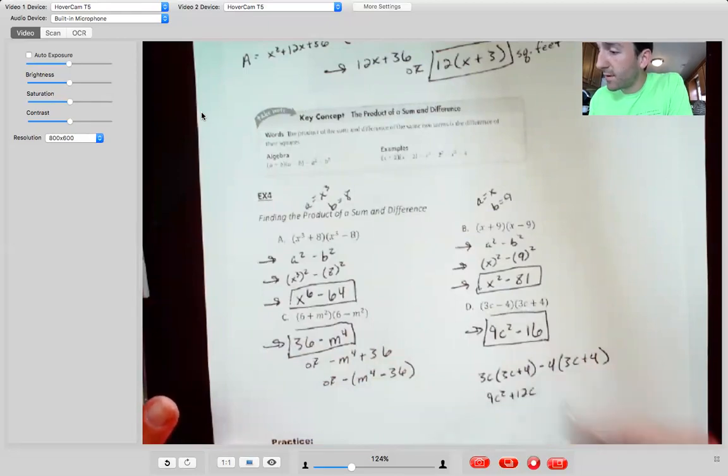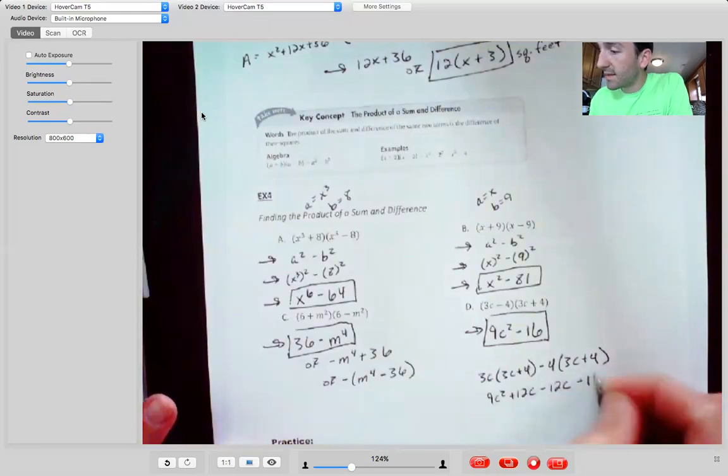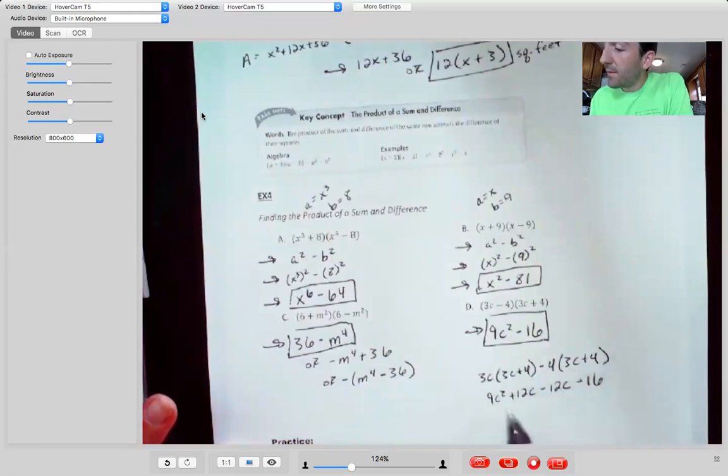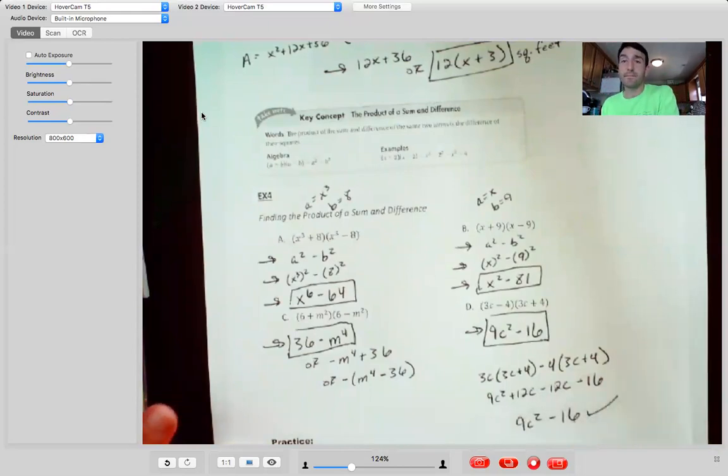Distribute the minus 4, we get minus 12c, minus 16. So we have 9c squared. That looks good. These two cancel each other out to 0, and then the minus 16. So you see we get that exact same thing either way.